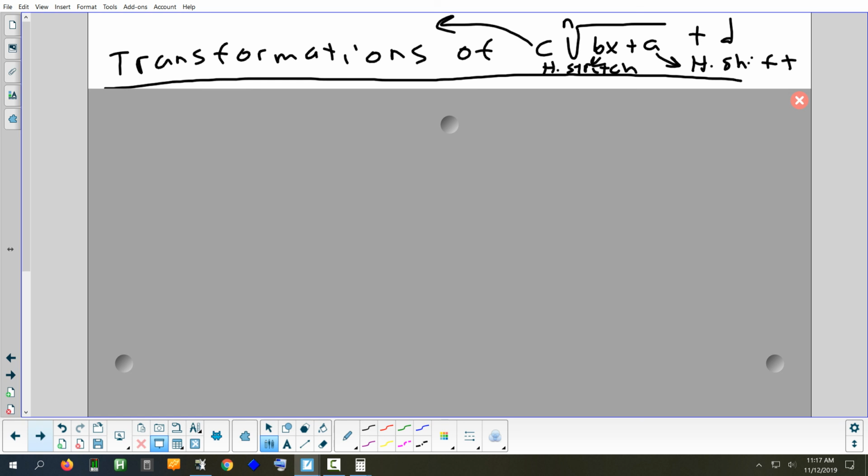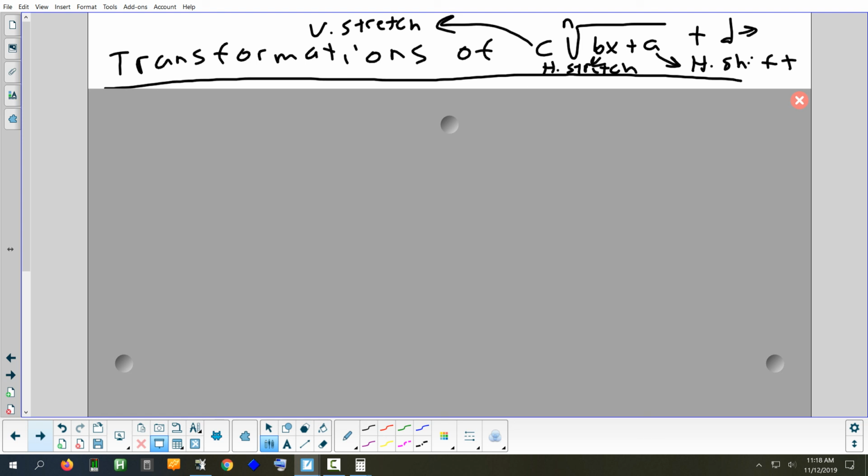What would C do? It's multiplication, but this time it's outside the function. So we know what multiplication inside did. What about multiplication outside? Vertical stretch. Multiplying is always a stretch. Outside, it's a vertical. Now we're up to D. D is adding, or it could be subtracting.